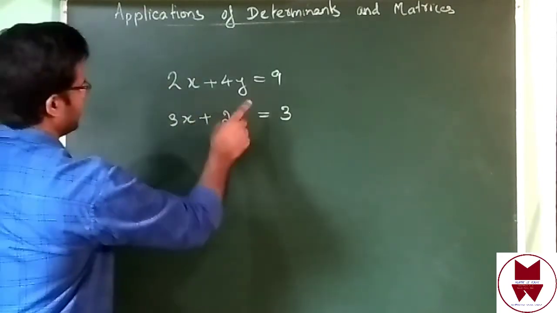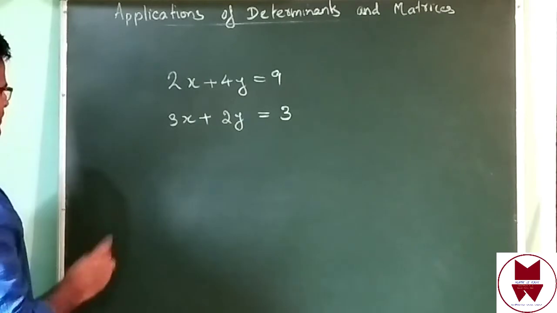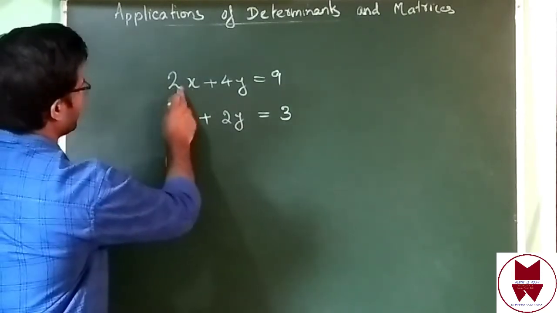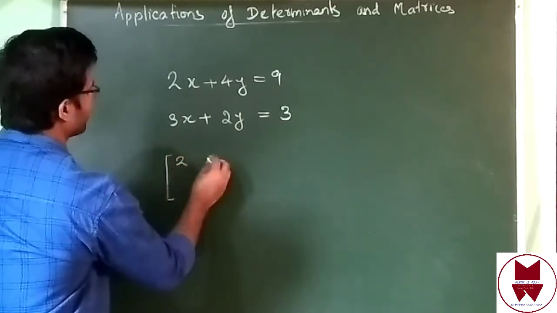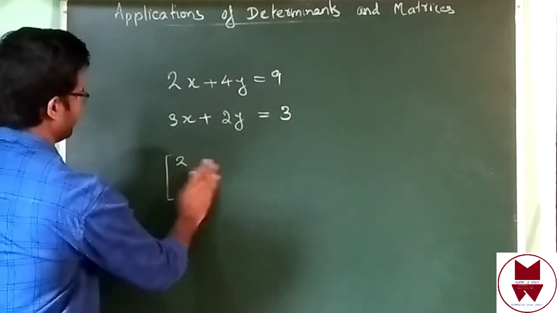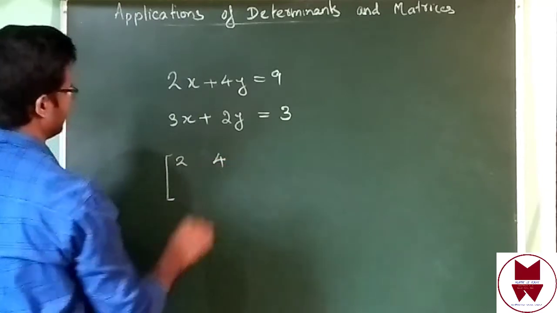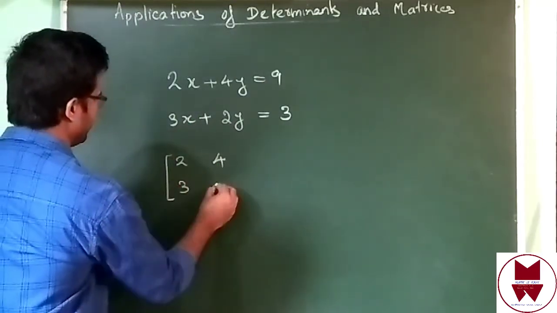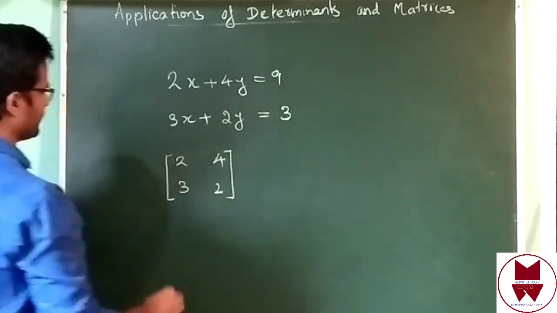We can write these two linear equations in matrix form. First write the coefficients of x and y: 2 and 4. Then from the second equation we write 3, 2.